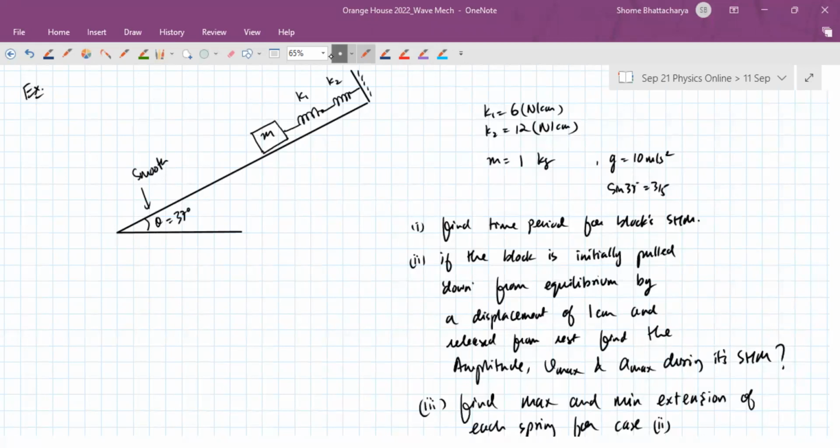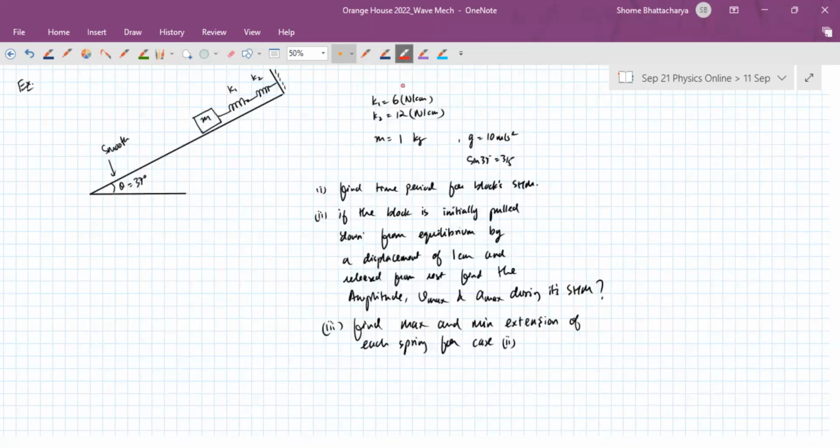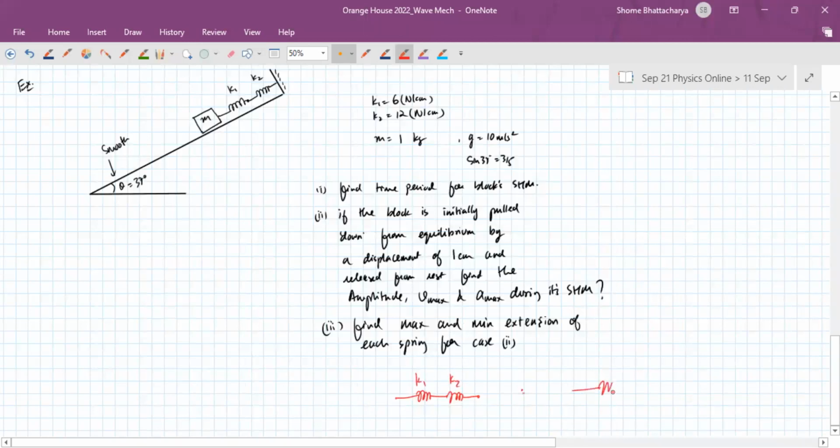Yes, Varun, answer is correct for time period. So the first step, see, you can take a series combination. So in SI unit, it will become like this.